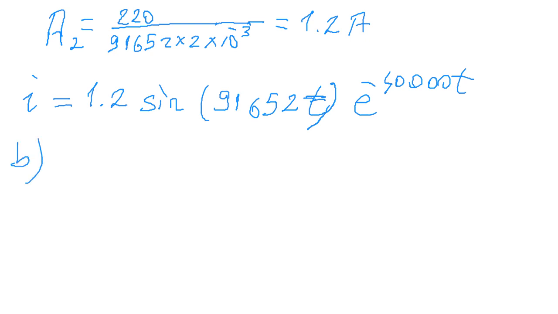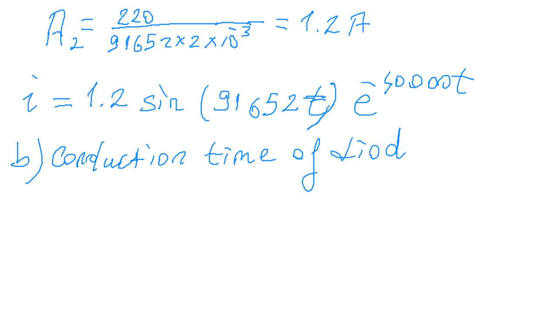Conduction time of diode. Conduction time of diode is omega R times T1 is equal to pi.